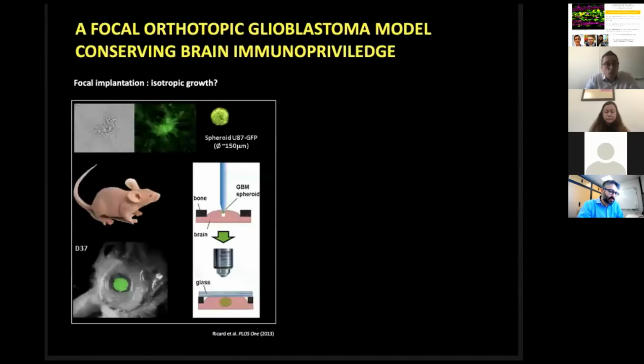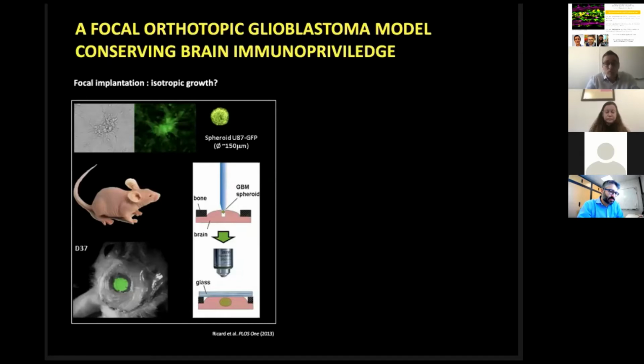To this aim, we first had to set up a focal orthotopic glioblastoma model that would be suitable for repeated two-photon imaging, in order to assess whether the tumor growth is isotropic or not in the brain.